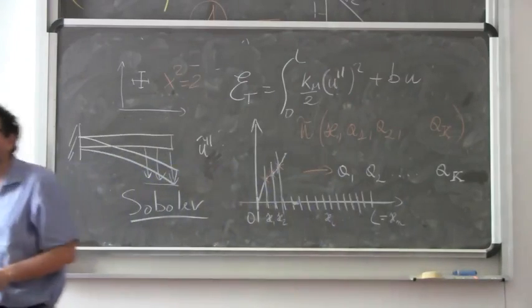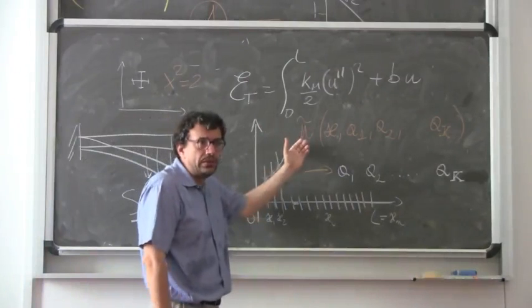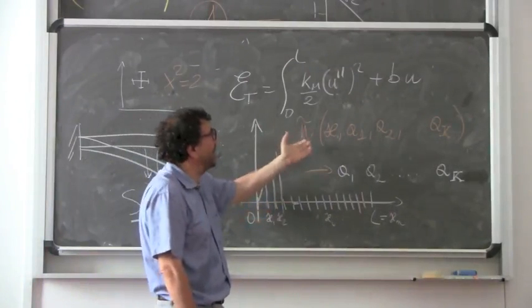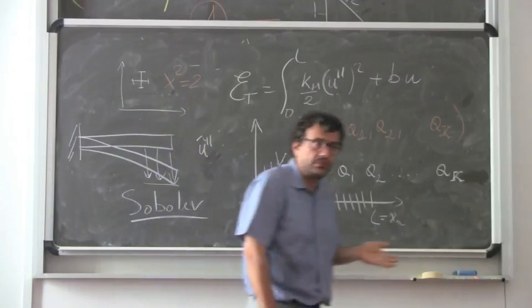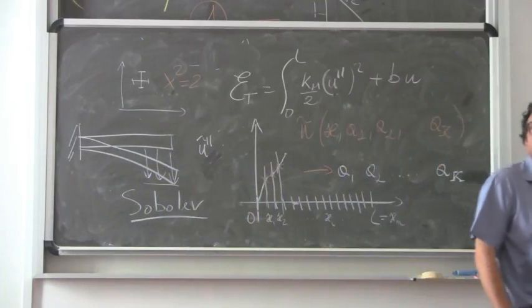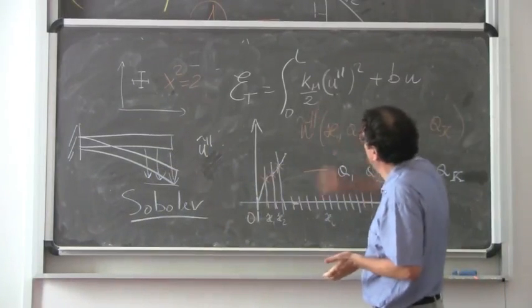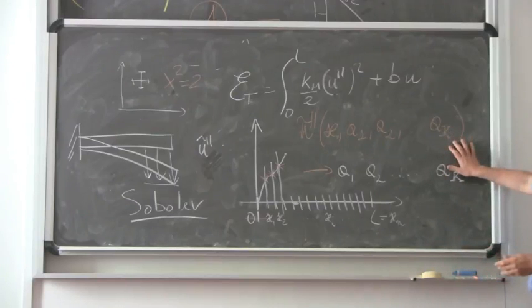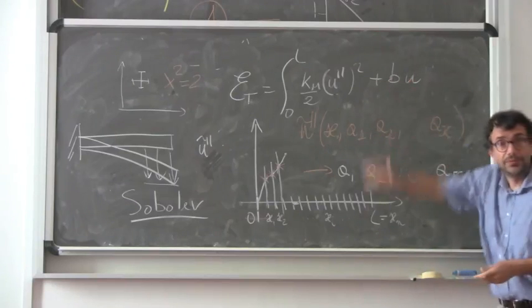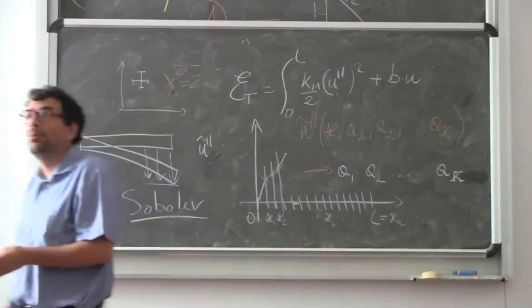Okay? This function you have built in such a way that you can calculate its first and second derivative. So you calculate these derivatives, and what you do, you take this and pop. You calculate the integral you want to minimize.